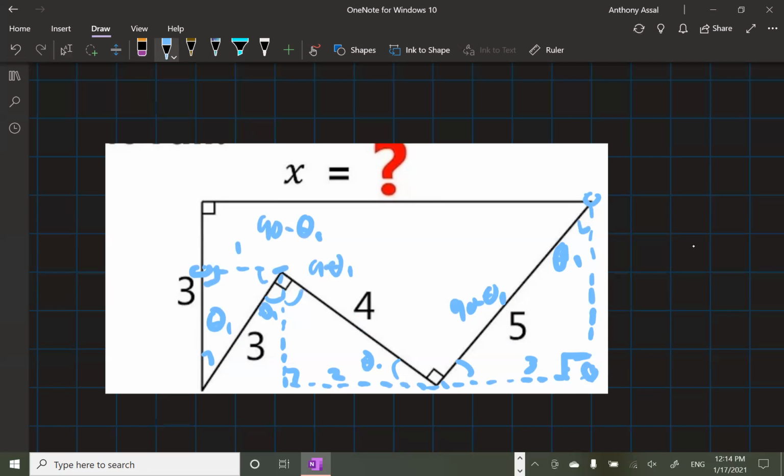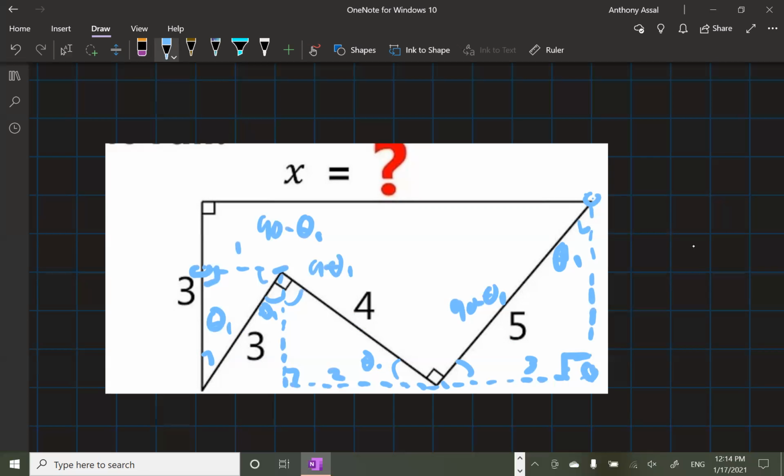So just by trying to figure out the horizontal line. But we do know what the vertical lines will all add up to, which is 3. So if I go up this, 3 cosine angle 1, I go down 4 sine angle 1, and I go back up 5 cosine angle 1, it has to add up to 3 because the endpoints here are the same.